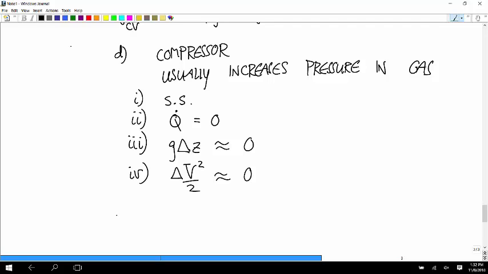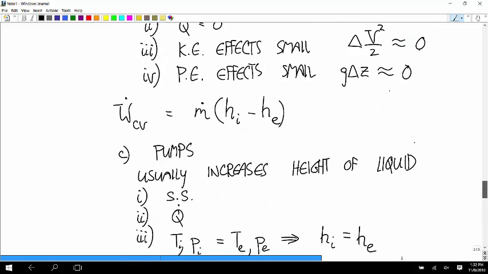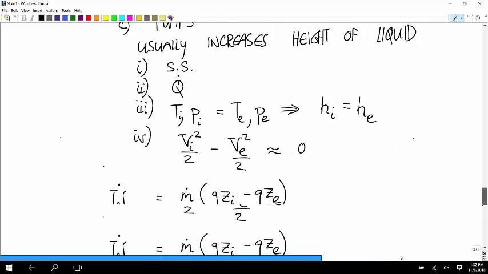And so then your final form is that W dot is equal to m dot times the quantity h_i minus h_e. And that is the same form as the turbine.